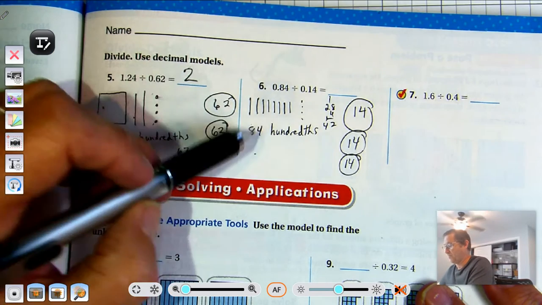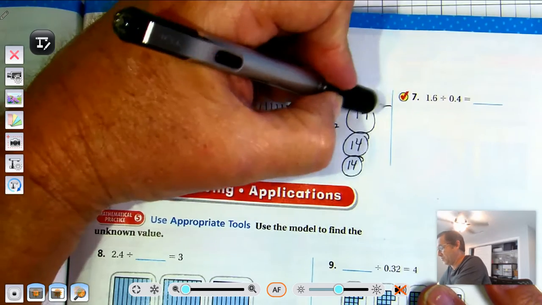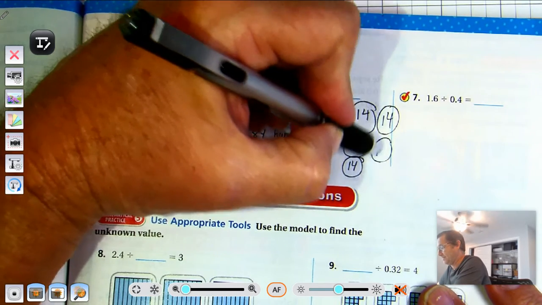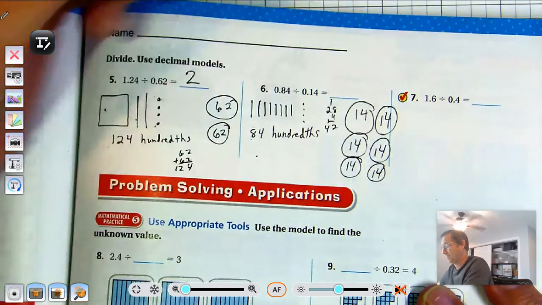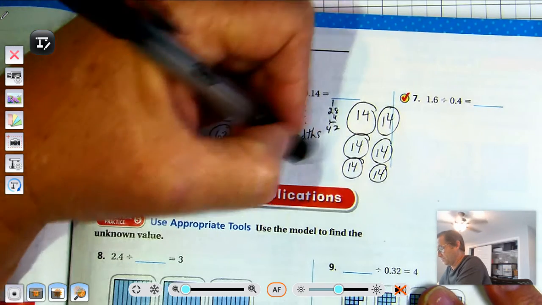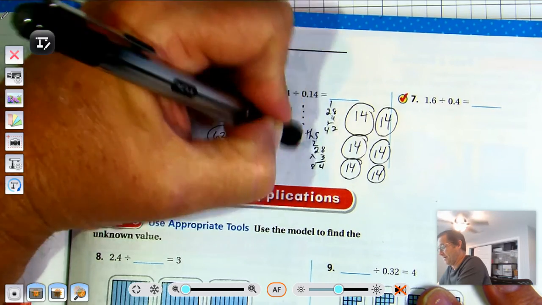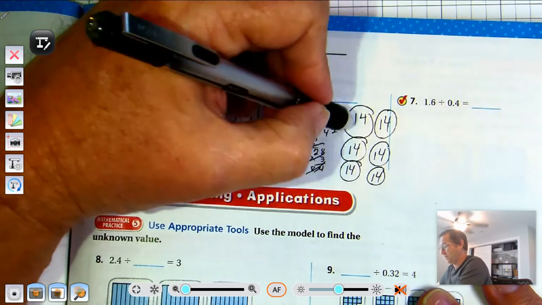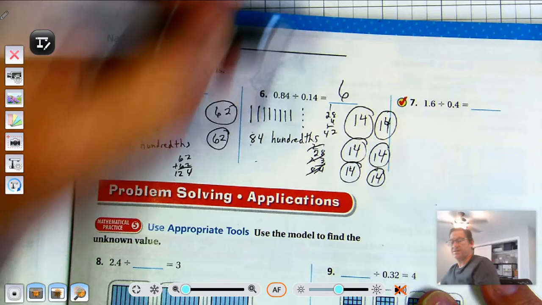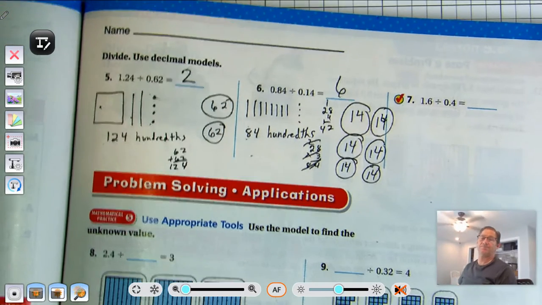Well, I know 42 plus 42 is going to be 84, so there should be 6 groups of 14. So 28 times 3 is 84. Yep. All right, so we have 1, 2, 3, 4, 5, 6 groups of 14/100.